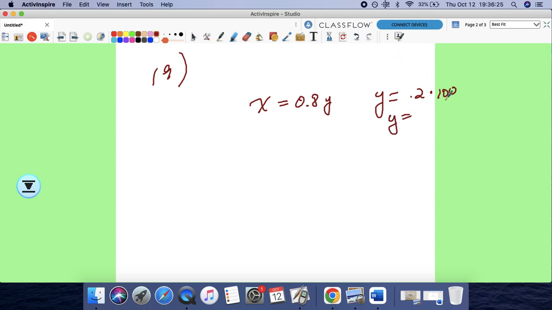So 0.20 of 100 is going to be 20. Right, so now we know y is 20. We can come back to the original equation and go 0.8 times 20. Okay, 0.8 times 20 is 16.